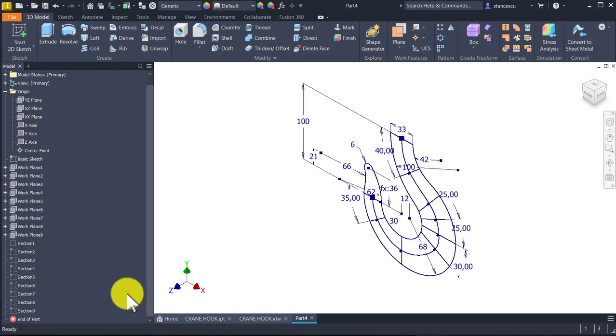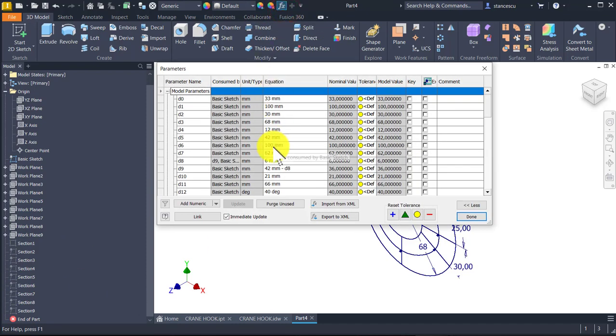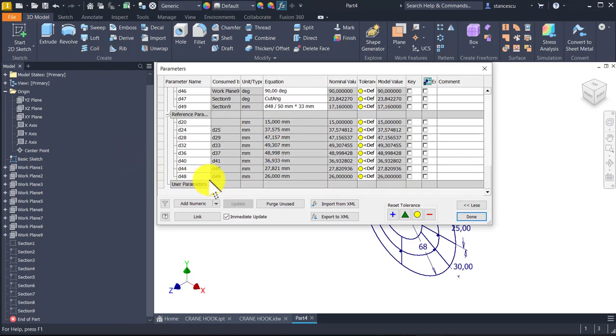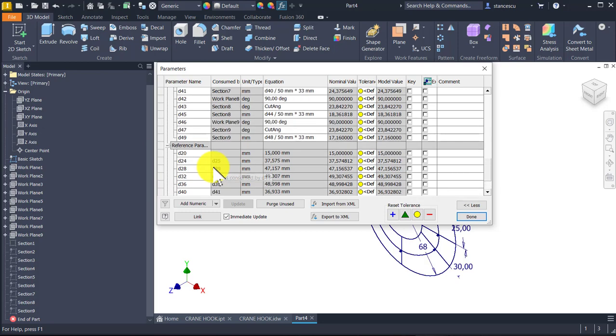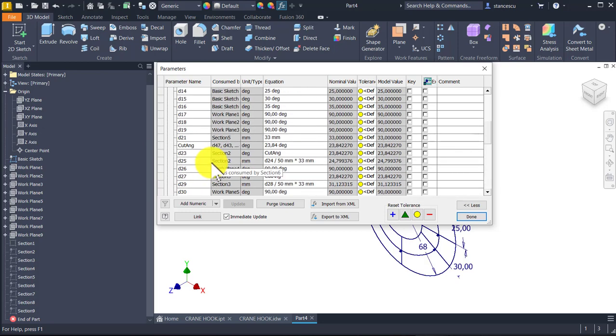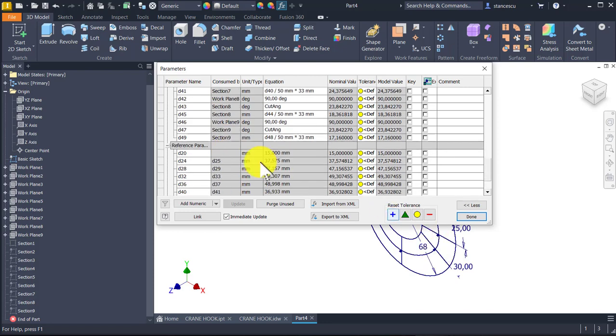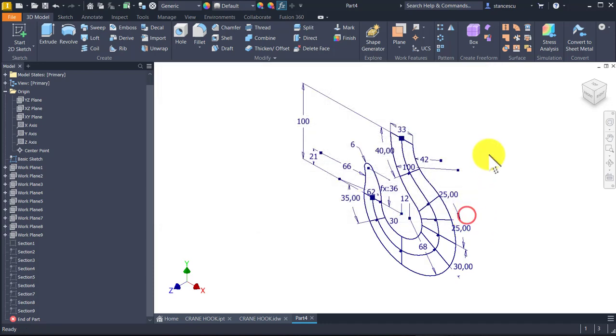Yes, my friends, but when you define a parameter, the order doesn't matter. Where is cut angle? It is here. And it doesn't matter when you use it. It must be there when you want to use it, but when is not important.